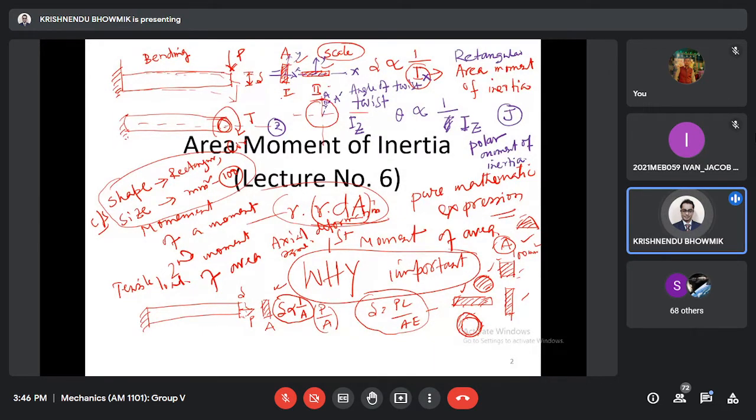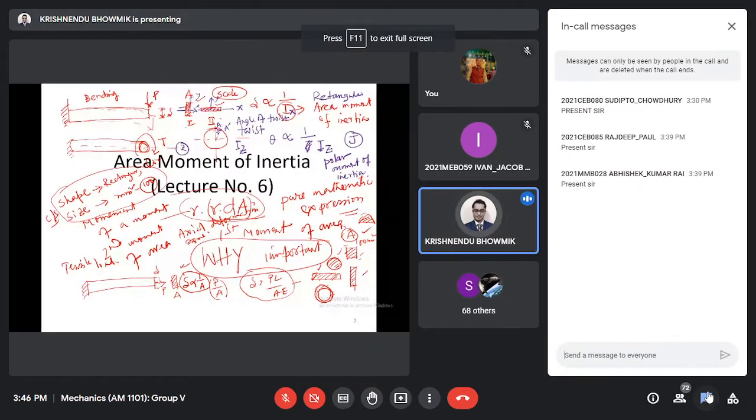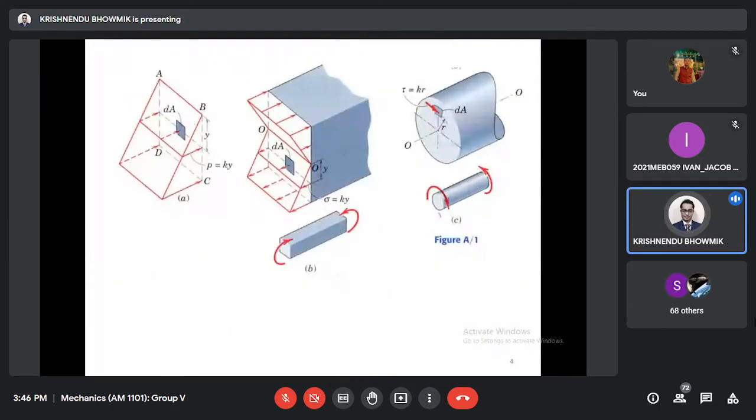These four departments will not go for higher studies in detail in the coming semester, but others like aerospace, civil, mechanical engineering, metallurgy and mining will come to know this later on, in terms of application, stress and deflection. But this is the nutshell of the requirement of the area moment of inertia. I will explain in another way also. Just 1 minute.